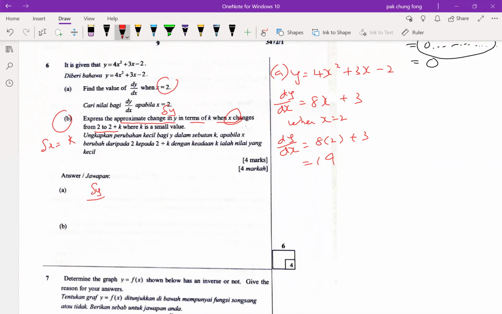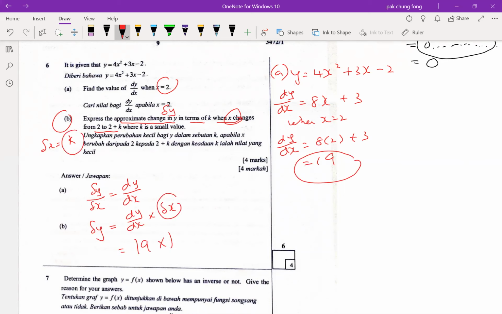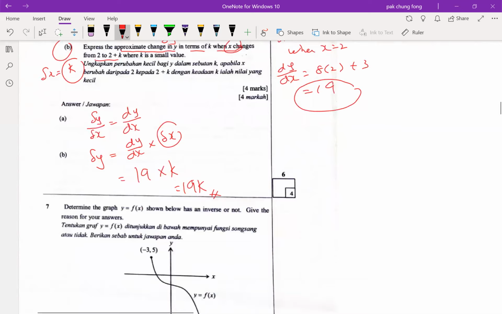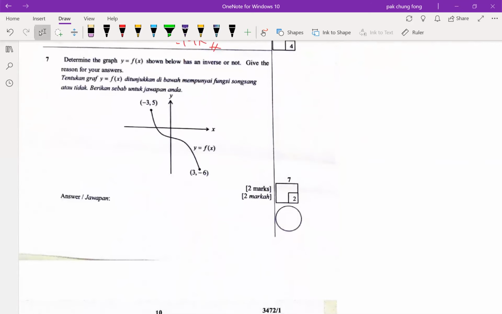Delta y over delta x equals dy dx, so delta y is dy dx times delta x. With 19 times k, the answer is 19k.